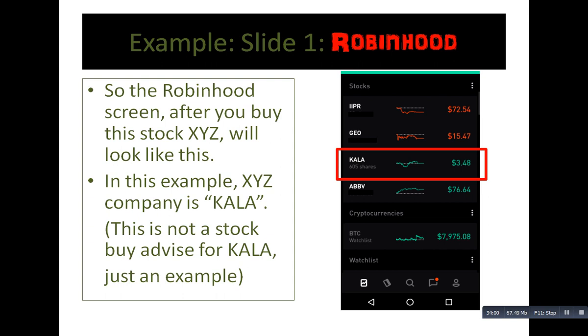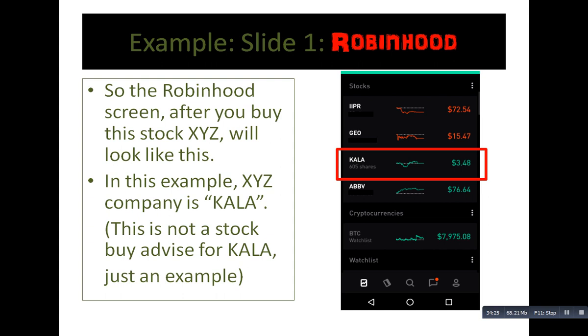Now, for this example and Robinhood illustration, I am going to say that this XYZ stock is a stock with the ticker symbol KALA. Now, I am not recommending KALA stock here. This is just an example, right? This is not stock buying advice. This is just an example.